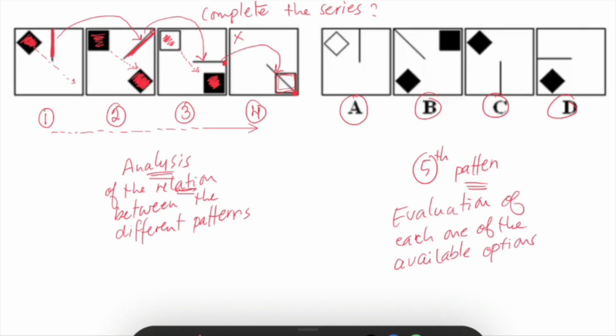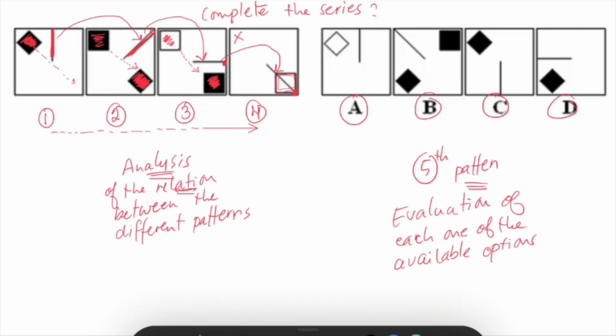I ask myself, in each option, does this choice follow logically from the previous four patterns, which are in a logical sequence, something that connects them?